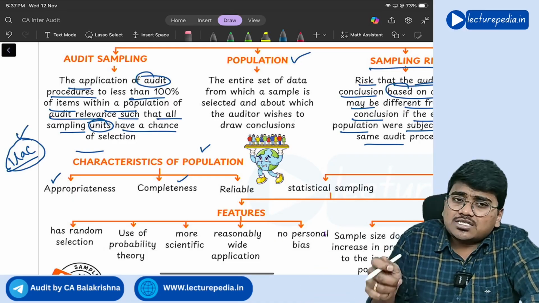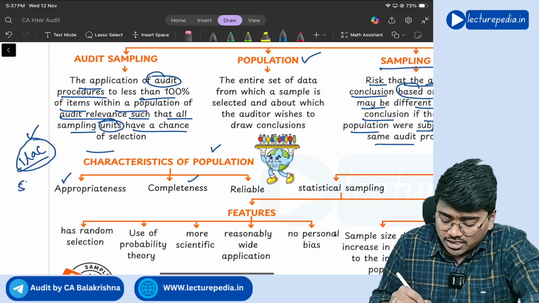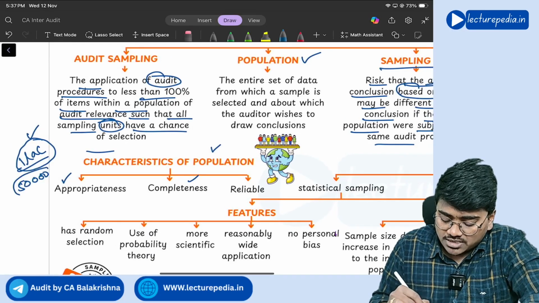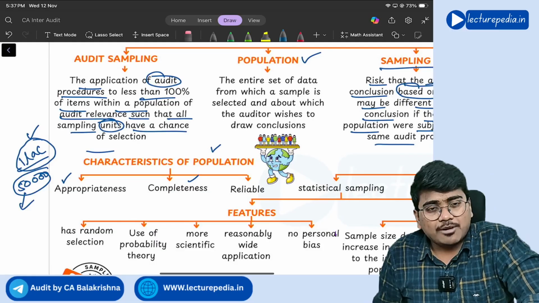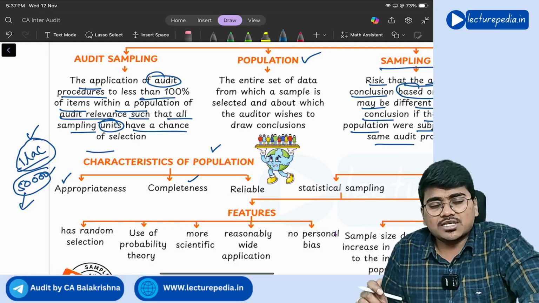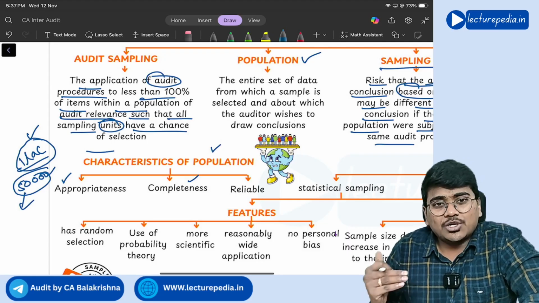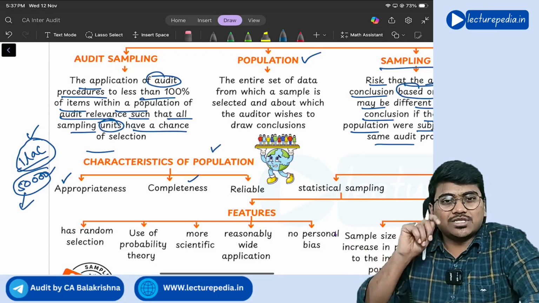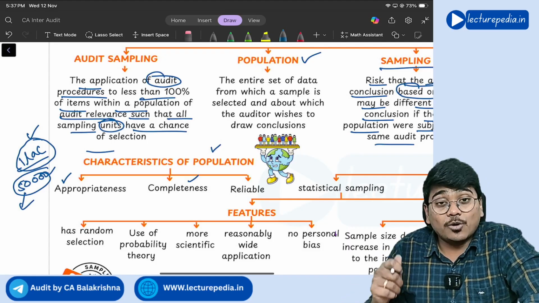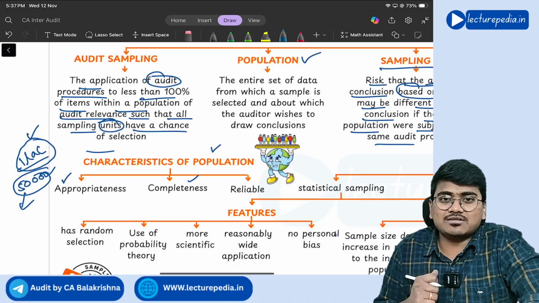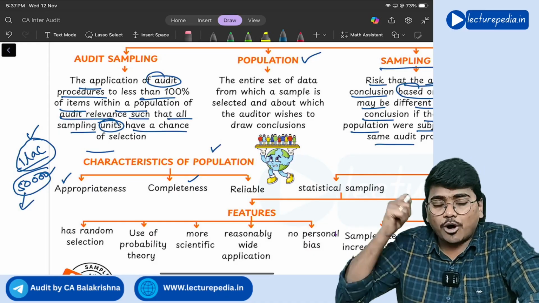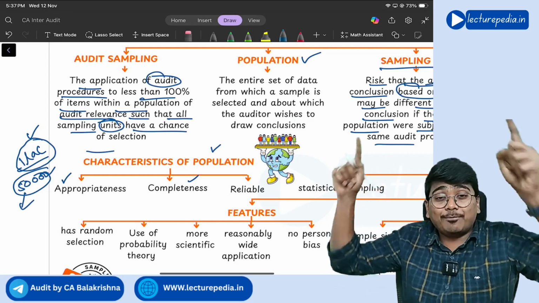You should not consider only 50,000 sales transactions for the purpose of selecting the sample. If you consider only 50,000, you are ignoring the remaining 50,000 sales transactions. Correct or not? So another characteristic of the population is that it should be complete.